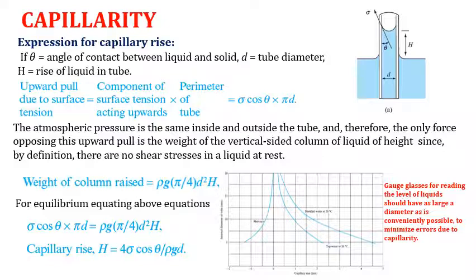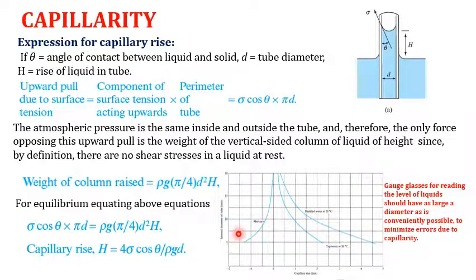Now please see this figure. On this graph we have capillary rise on the horizontal axis. Here we have 0, then 1, 2, 3, 4, 5, and on the other axis we have internal diameter of the tube in millimeters.